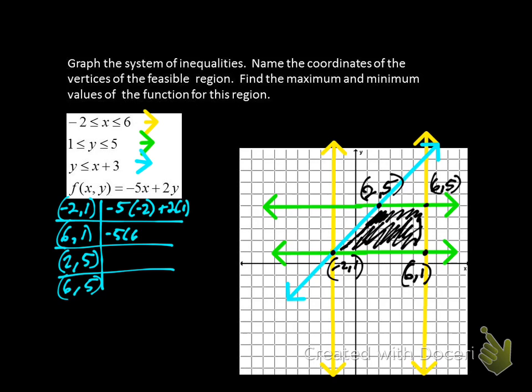Negative 5 times 6 plus 2 times 1. Negative 5 times 2 plus 2 times 5. Negative 5 times 6 plus 2 times 5.